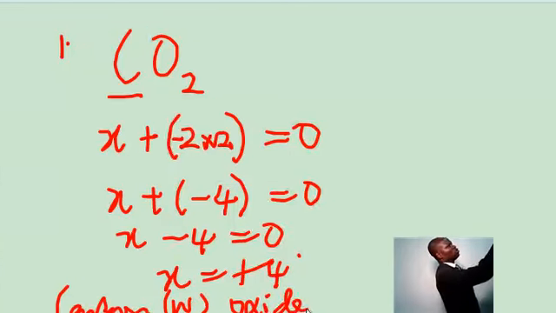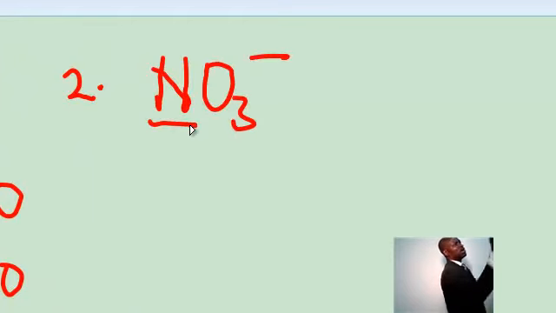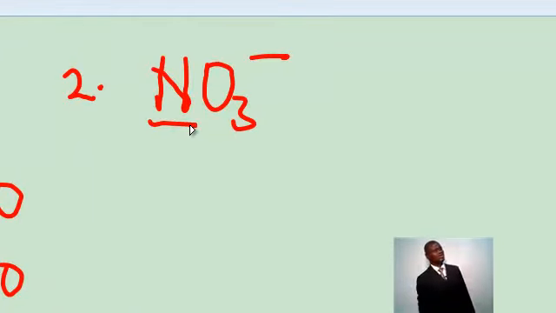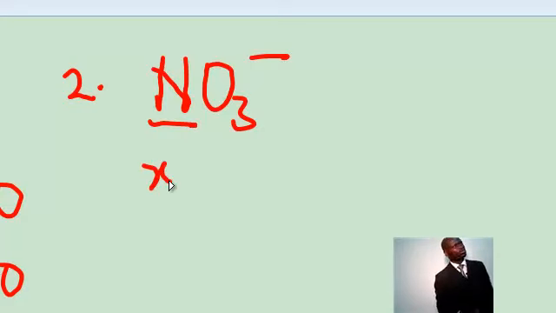Another example that is worthy of note is the one that carries a charge, NO3-. Assuming we have to calculate the oxidation number of nitrogen. Nitrogen, like I said, is x because it's unknown.